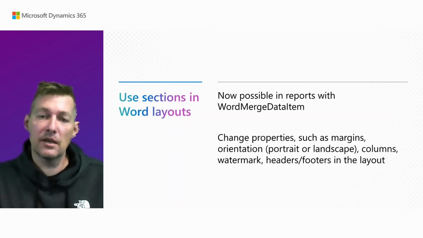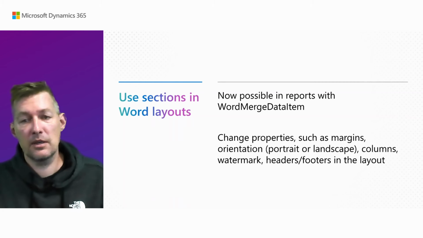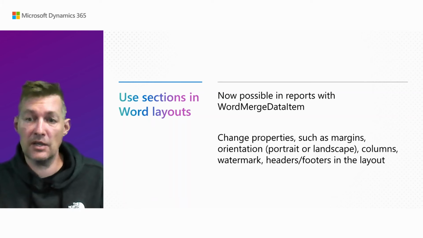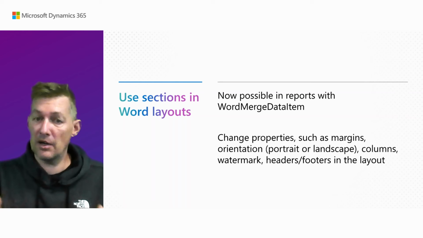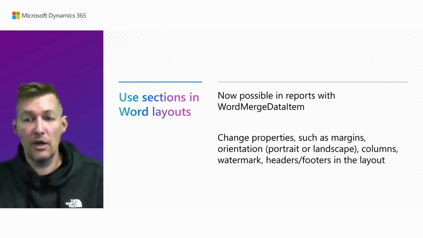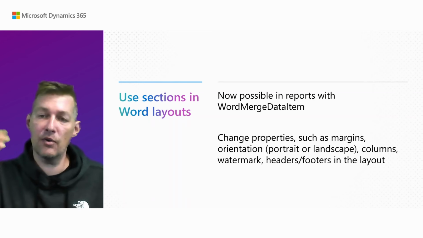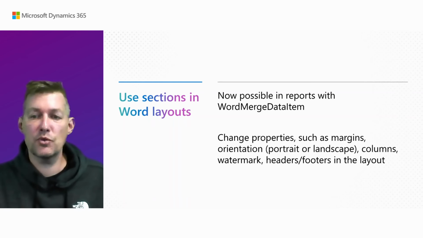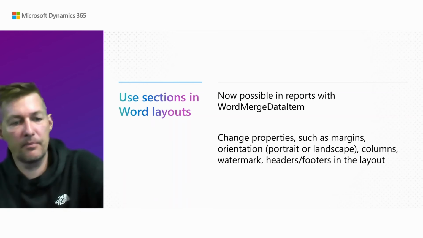And with that, this completely changed the game for a lot of things that are tied to the section in Word. For instance, you can change margins, orientation, columns, watermarks, header footers in the design, in the layout, and just bind them to the section. Want to see it? Let's check it out.